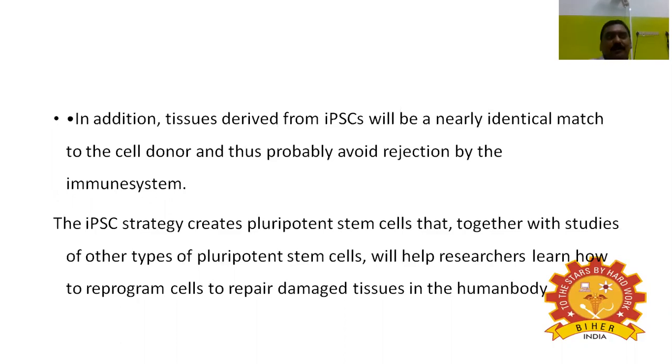Next, I'm coming to the induced pluripotent stem cell strategy, which creates pluripotent stem cells that, together with studies of other types of pluripotent stem cells, help scientists learn how to reprogram cells to repair damaged tissues in the human body.